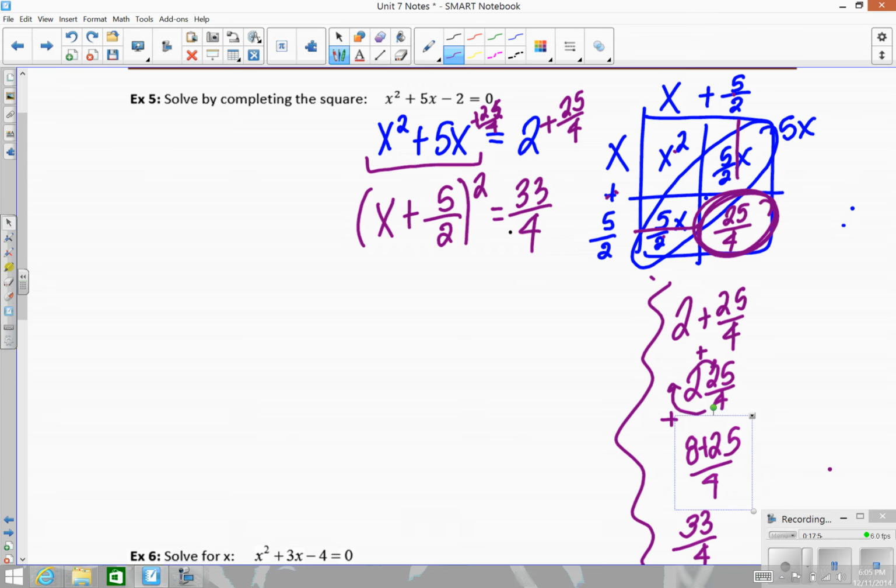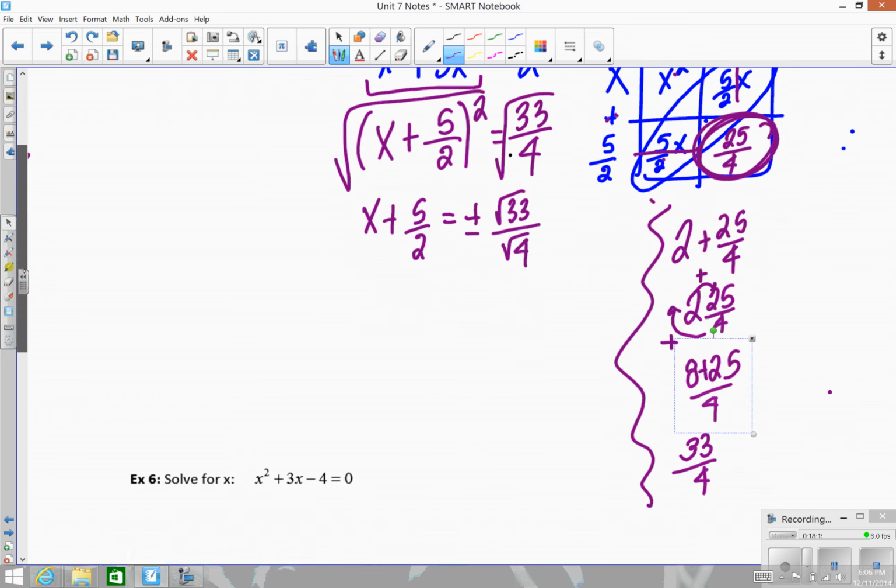So now I'm going to square root both sides now that I have it as a quantity squared equals a number. So we have x plus 5 over 2 equals plus or minus the square root of 33 and the square root of 4. Remember, whenever you're square rooting a fraction, it's like taking the square root of the top and the square root of the bottom.